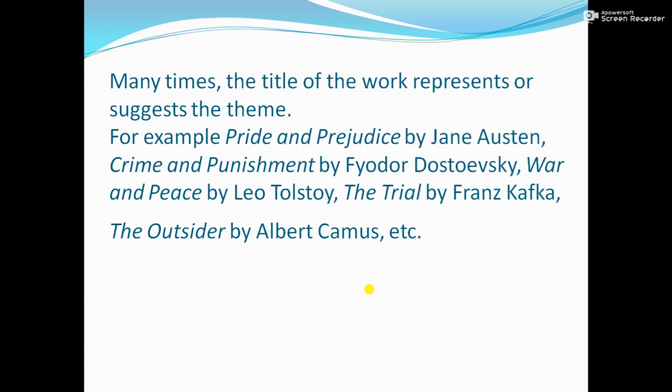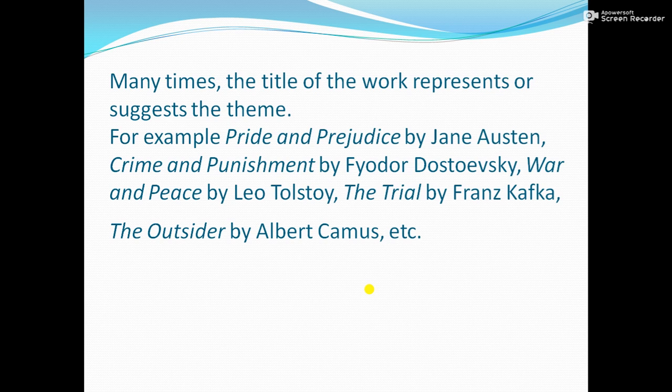Sometimes the title clearly suggests the theme, and then we, the readers, find it very comfortable to find the theme, because the title itself tells, sometimes very directly, the theme of the novel.